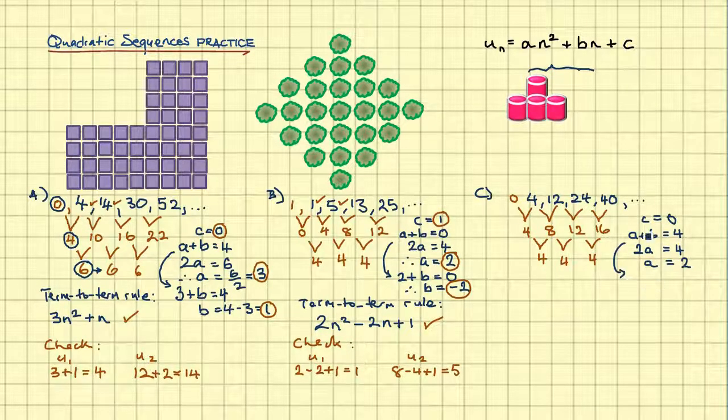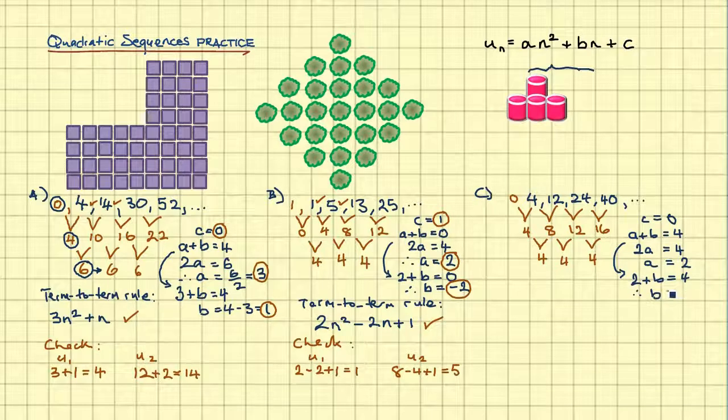Okay, so I've got my A and C. I now need to get my B, so I substitute 2 into this equation here. So I've got 2 plus B equals 4.